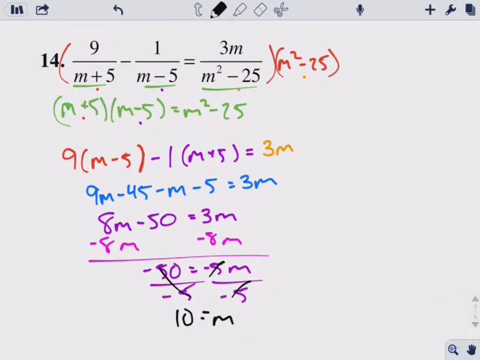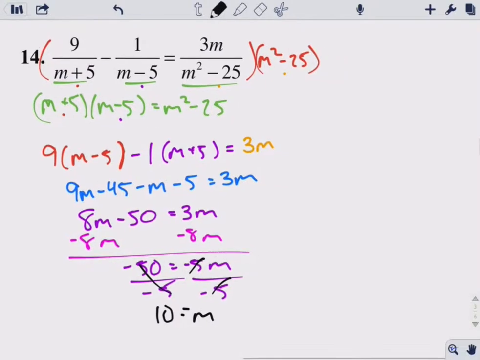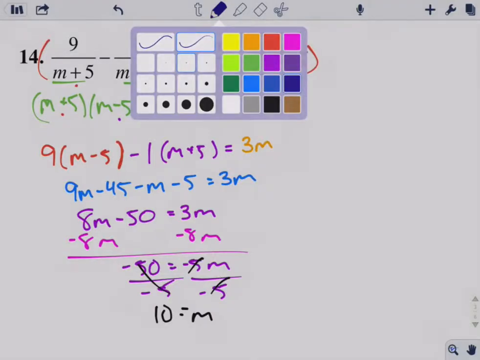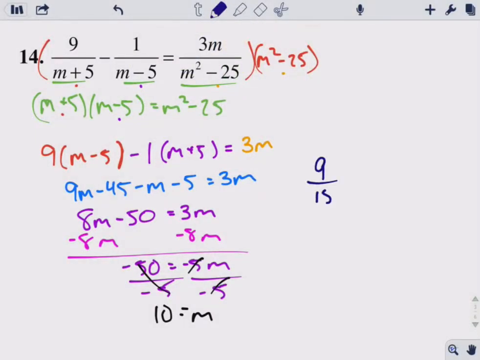Alright, so we'll check to see if that's an issue. Let's go back over here and check. 9 over 15 minus 1 over 5 is equal to 30 over 75. Plugging in 10: 10 plus 5 is 15, 10 minus 5 is 5, and m squared, 10 squared is 100 minus 25 is 75.